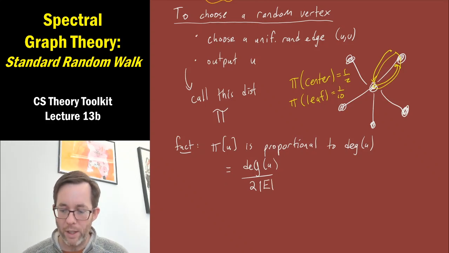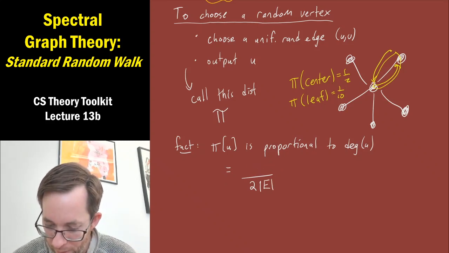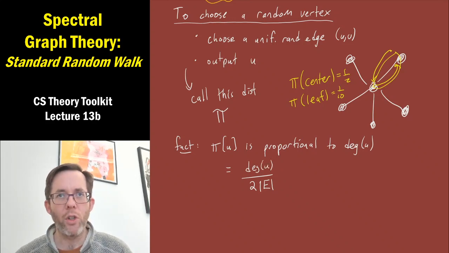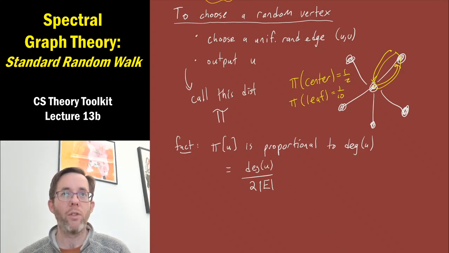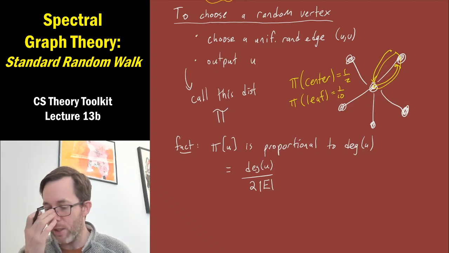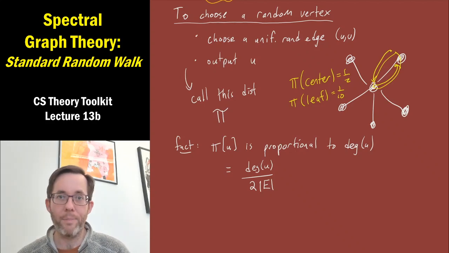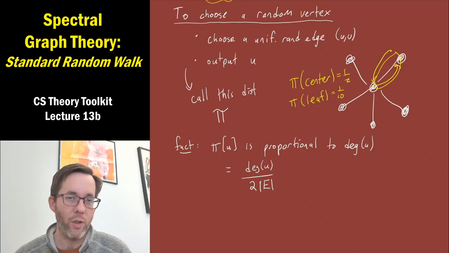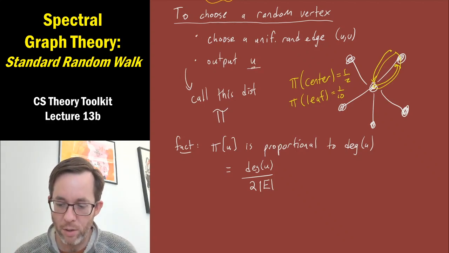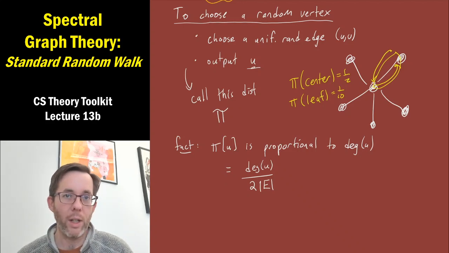Again, that's because, let me rewrite it, when we think of drawing a uniformly random edge, we think of drawing a uniformly random directed edge, and there are 2 times cardinality of E directed edges. And then the probability that its initial vertex, the one we select here as u, is precisely the degree of u.